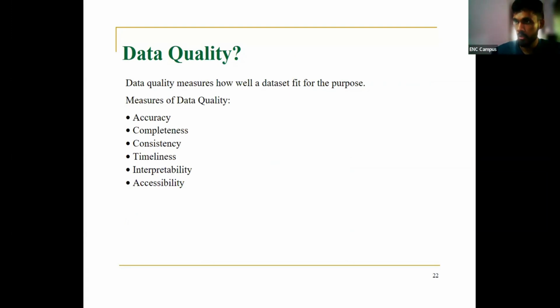Data quality means how well a data set fits the purpose. We measure data quality using the accuracy of the data, completeness, consistency, timeliness, interpretability, and accessibility.